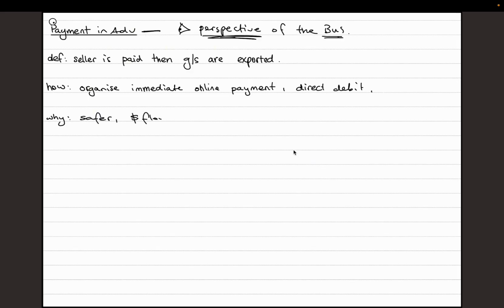Money flows in quicker, so this improves liquidity. And this also decreases the chance of theft. So this increases profit.